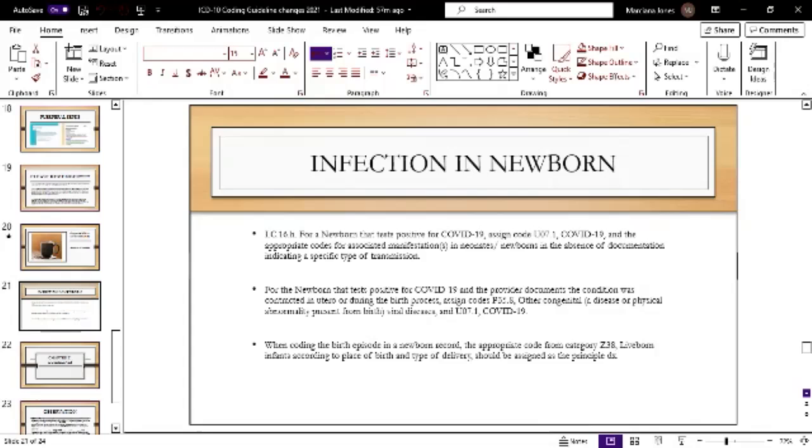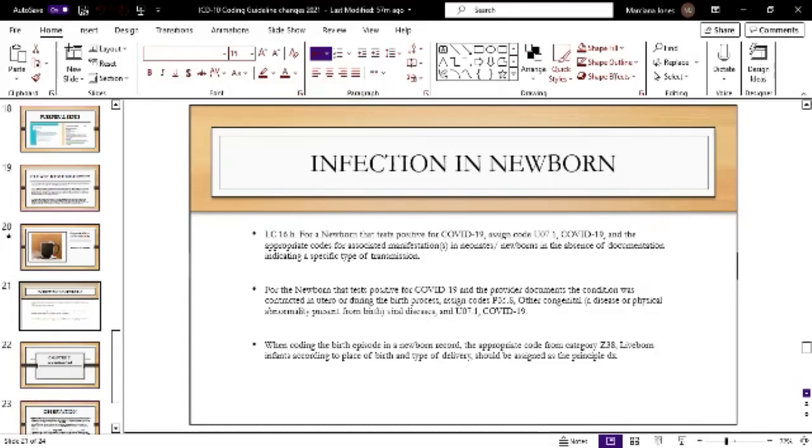So for a newborn that tests positive for COVID, you're going to assign the COVID code and the appropriate codes for associated manifestation in neonates, newborns, in the absence of documentation indicating a specific type of transmission, meaning that you don't know how this newborn got it, whether they got it at birth while they were being born, or did they get it when they were in the incubator after they separated from mom.